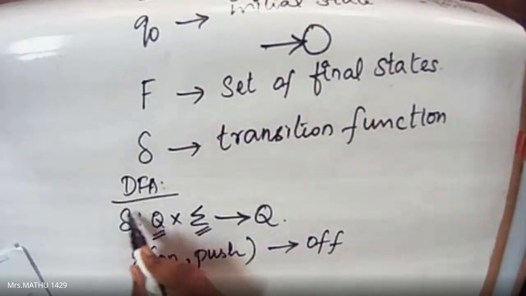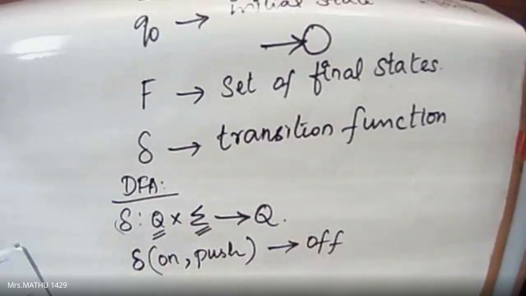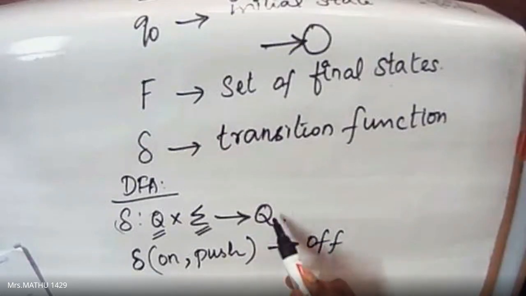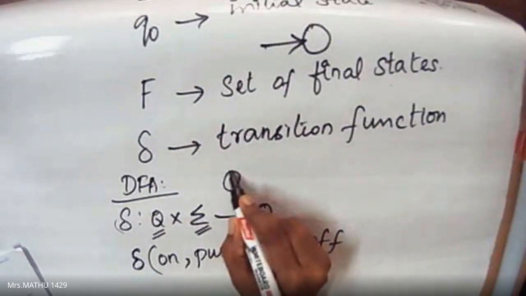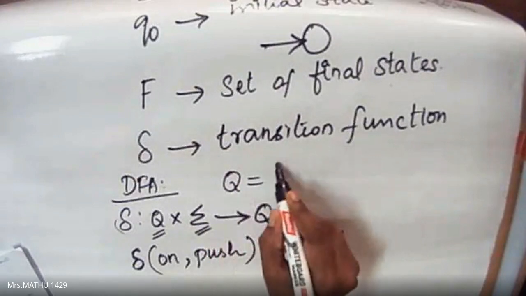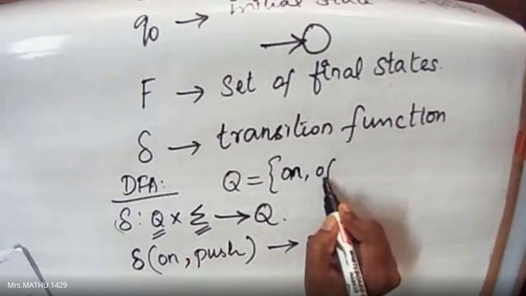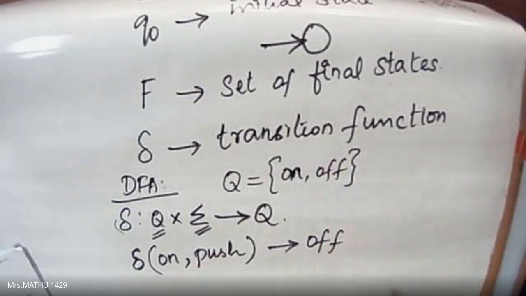So this is what the transition function represents. Q represents the set of internal states. In this particular example, we have two states, one is on and another is off. So the transition from state on, giving an input symbol push, goes to state off.